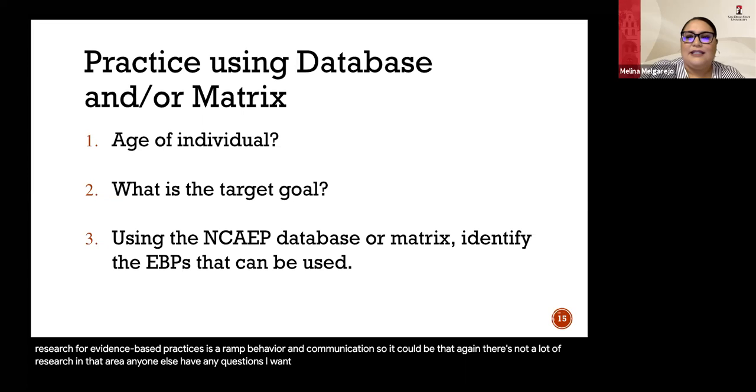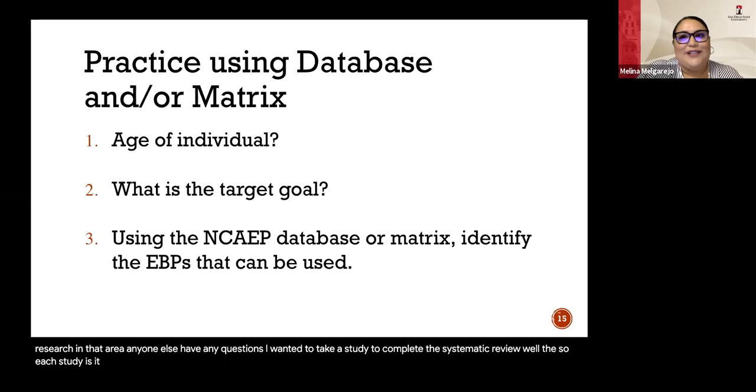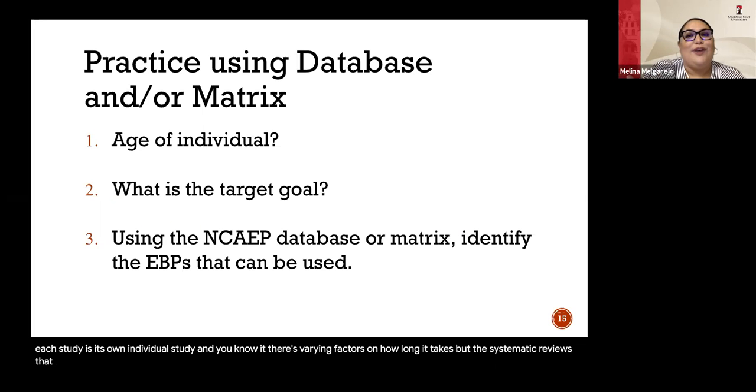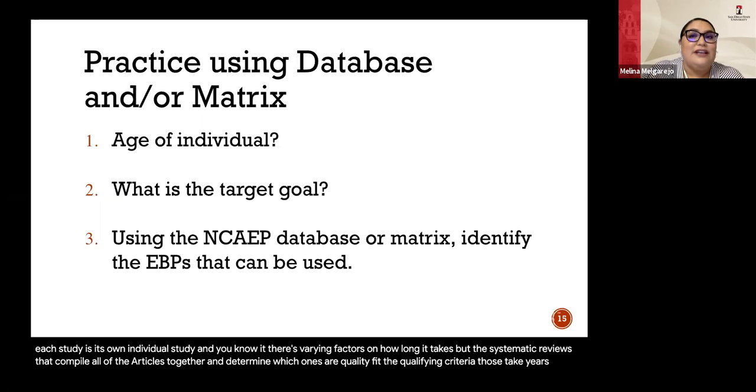How long does it take a study to complete? Each study is its own individual study, and there are varying factors on how long it takes. But the systematic reviews that compile all of the articles together and determine which ones fit the qualifying criteria take years.